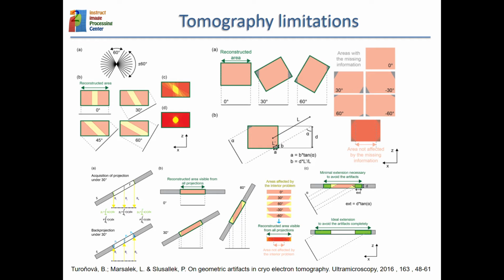artifacts, and some of them have to do with the visible area. So when you are tilting, the rays are going through different paths of your object. So for instance, when you have a 0 degree projection, the part of the object that is illuminated is this one, but when you are tilting by 45 or 60 degrees, the part of the object that is illuminated is much bigger.